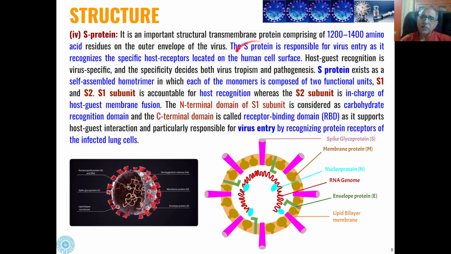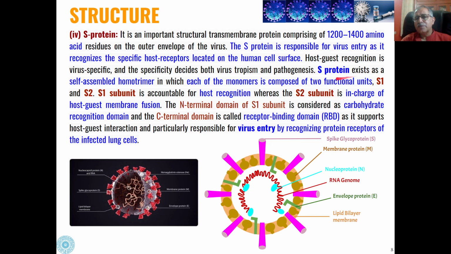So this protein will interact with the receptors of the human cell, and then there will be binding of this protein with the host cell receptors. Then host-guest recognition is virus specific, and this specificity decides both virus tropism and pathogenesis.